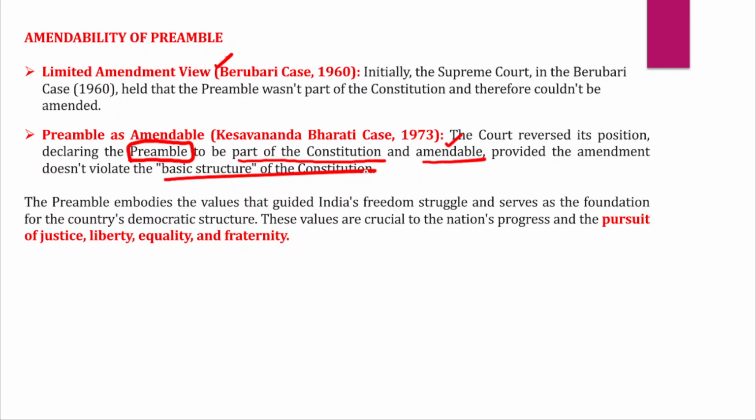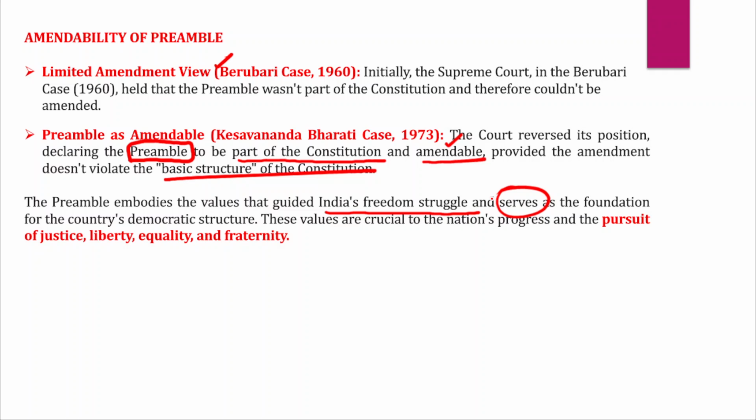However, in conclusion, you could write that a preamble embodies the core principles and the values of the Indian Constitution. Those values, the core principles, primarily guided India's freedom struggle. So thereby it serves as a foundation for India's democratic structure.